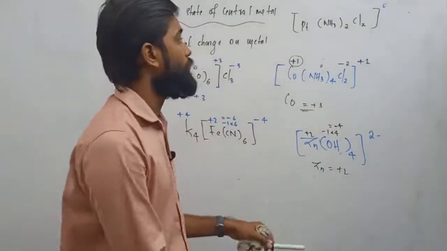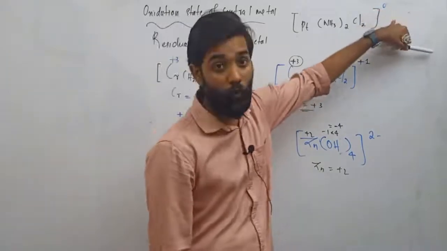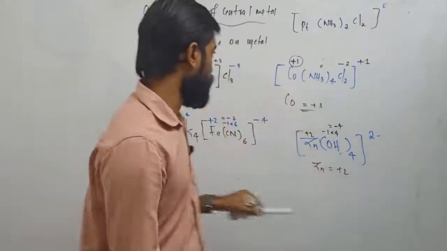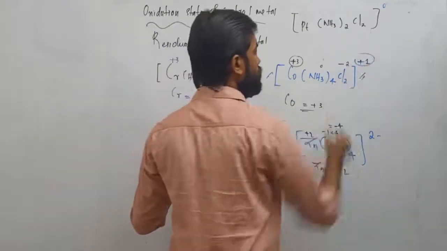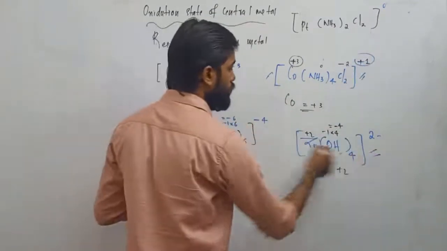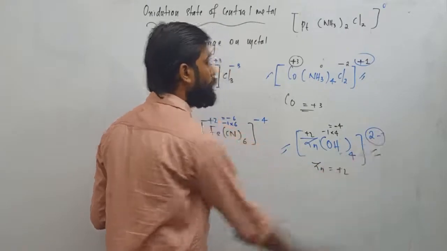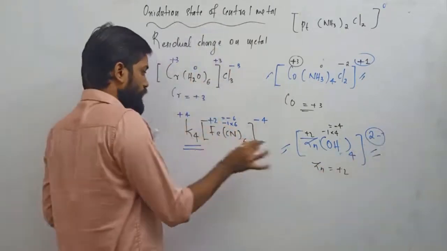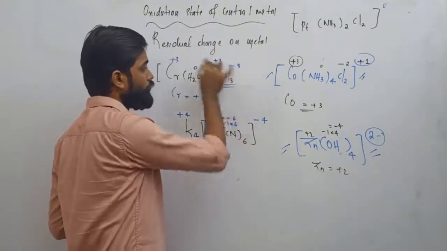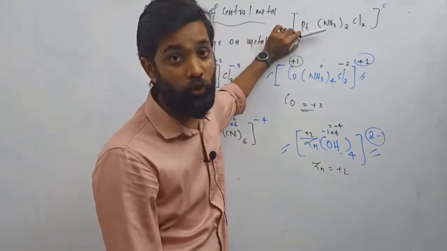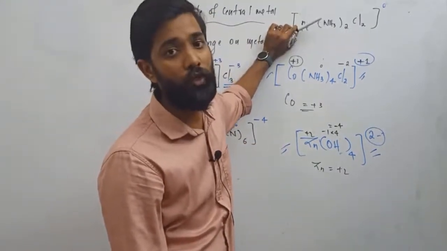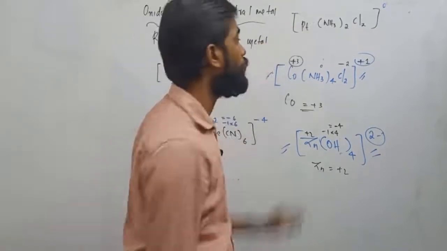If there is no charge mentioned in the complex, or if there is no counter ion, this is a typical molecule. There is no counter ion and no charge, and that is said to be a neutral complex compound, a neutral coordination compound.